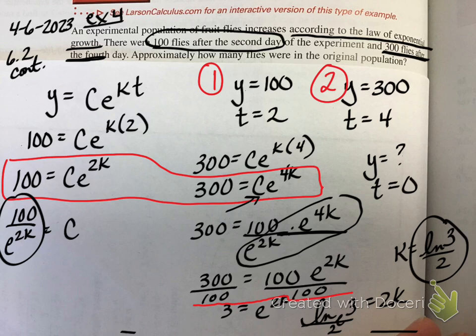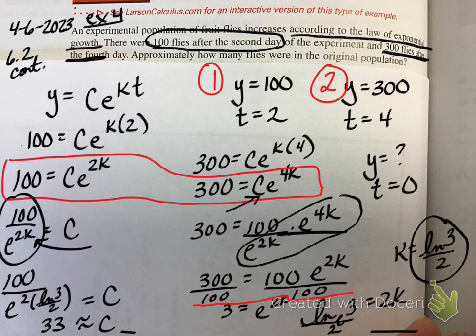So now let's go back and plug it in for k. All right, we'll plug in for k this ln of 3 over 2, and that equals c. And then you just pick up your calculator and see what you get.